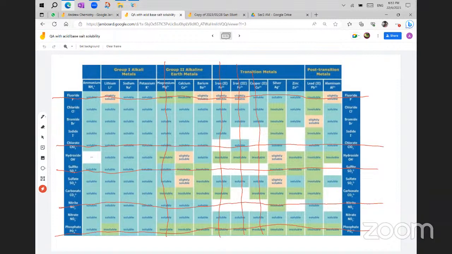With sulfate, it's that guy again: Ag plus again and Pb2 plus again. And there's another two, which belong to group 2: barium, Ba2 plus, and calcium.